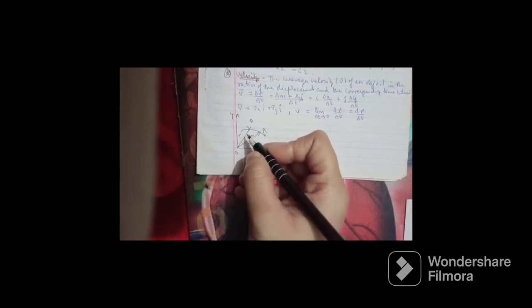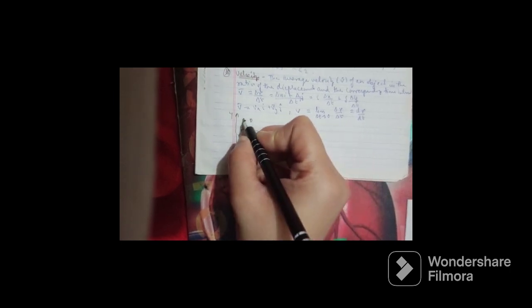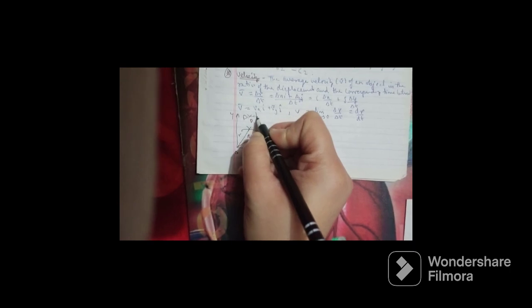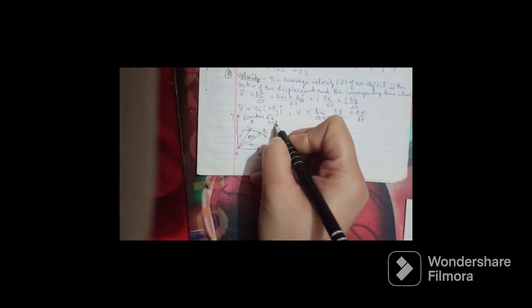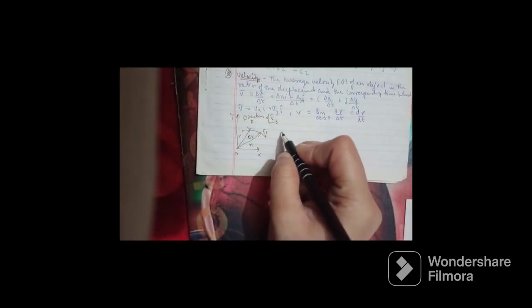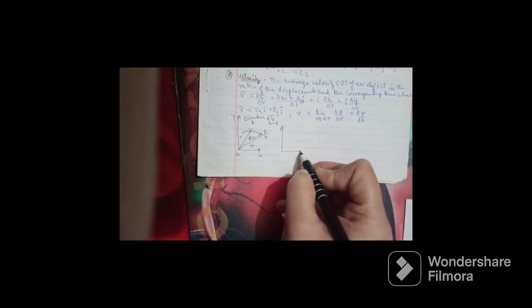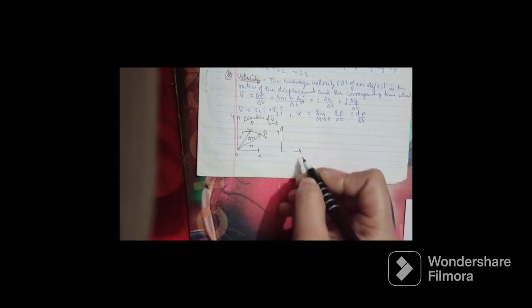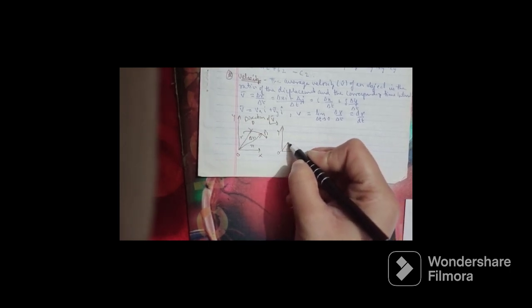In the same way, this is the direction of v. For that we go for another graph, this is for y, x, this is 0.